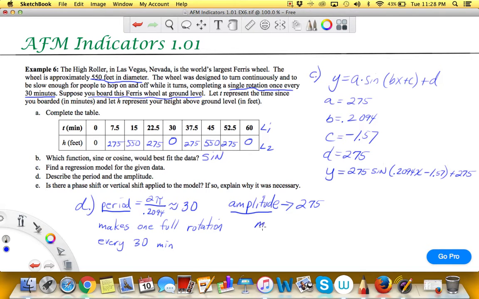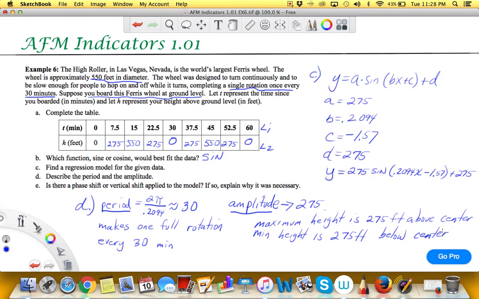So the maximum height is 275 feet above center, and the minimum height is 275 feet below the center. So that's the period and the amplitude.